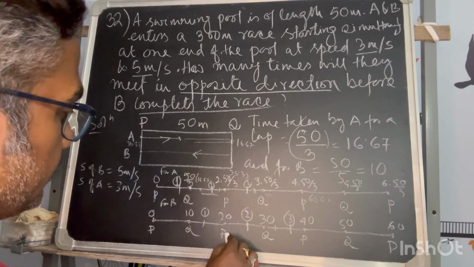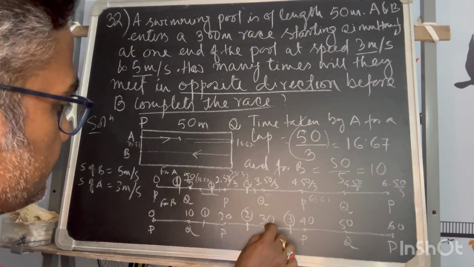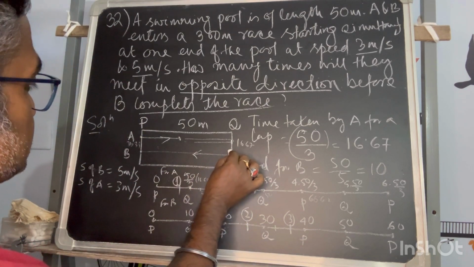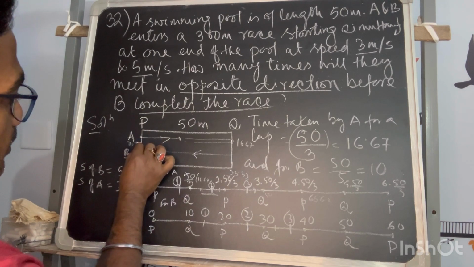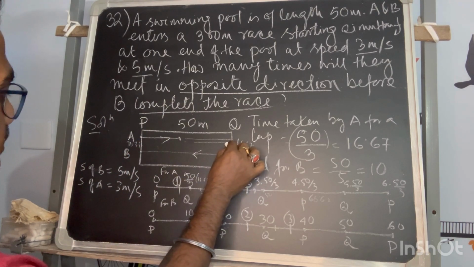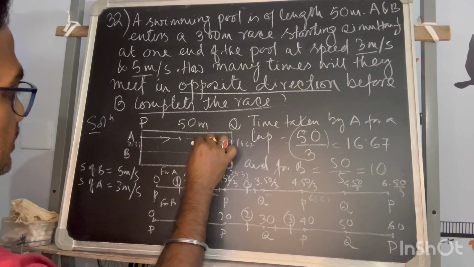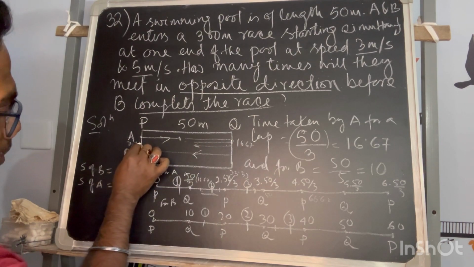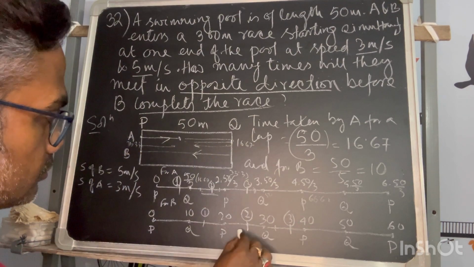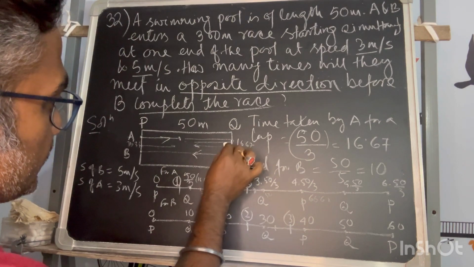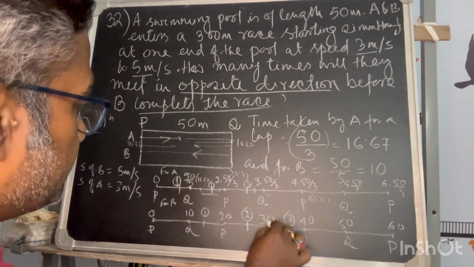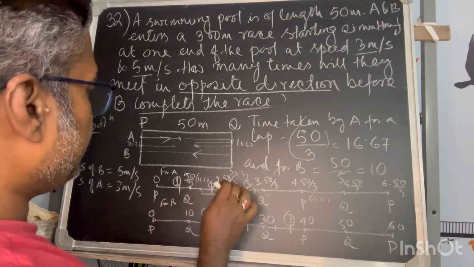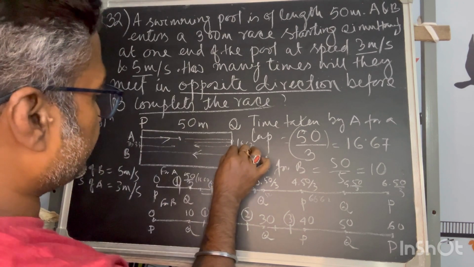In between he has reached the second, and now after reaching, the direction of A will be this way. Now he has reached 10, 20 here, then 20 is moving to 30, so that means there is a chance of meet. Okay, once they have reached 30, by that time he is reaching 33 there.